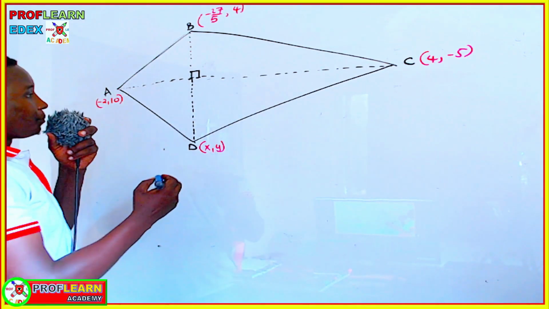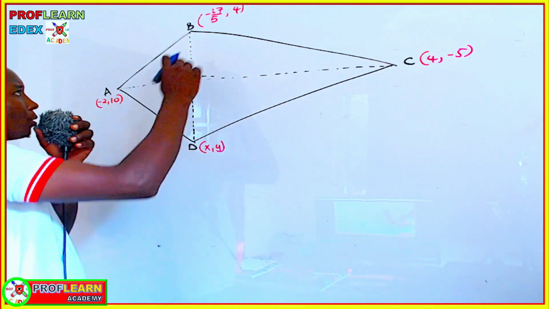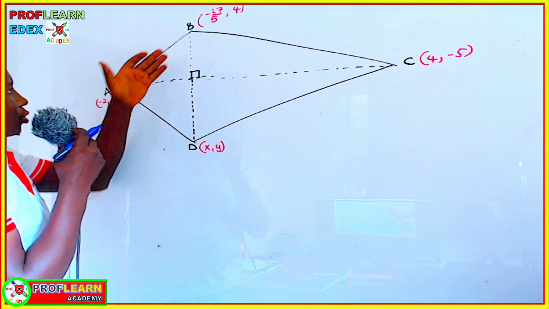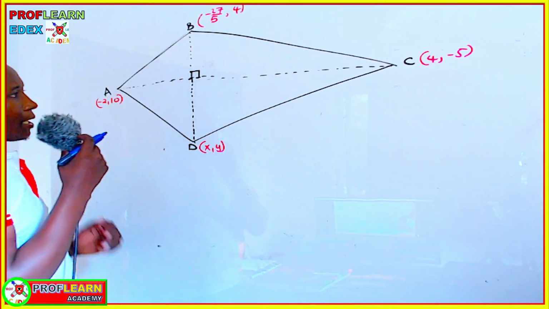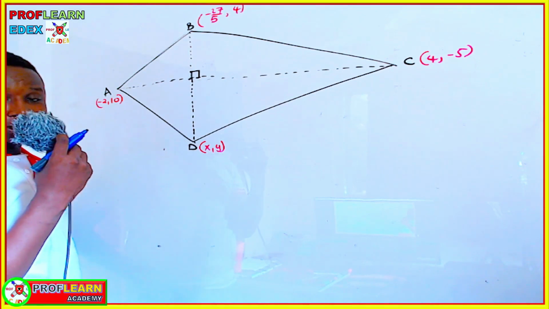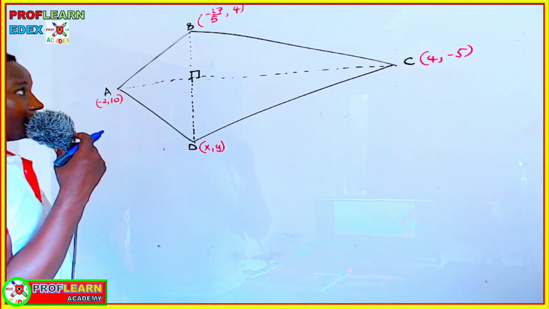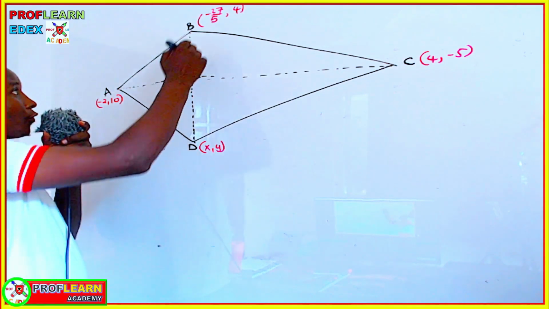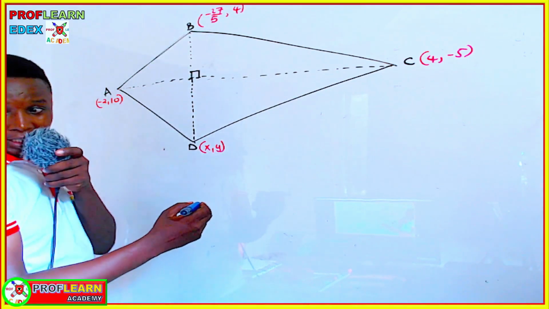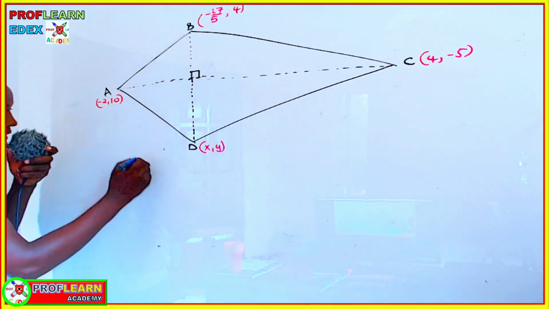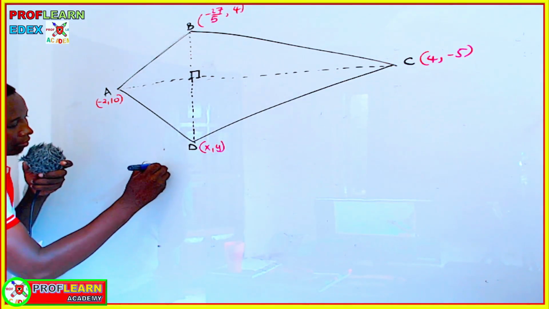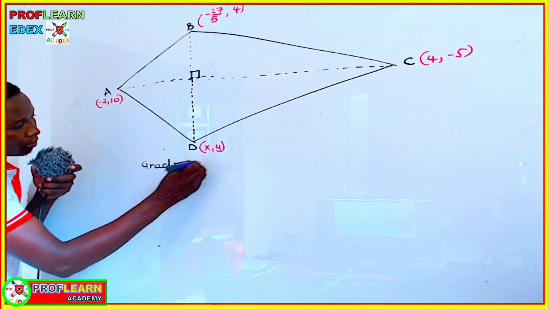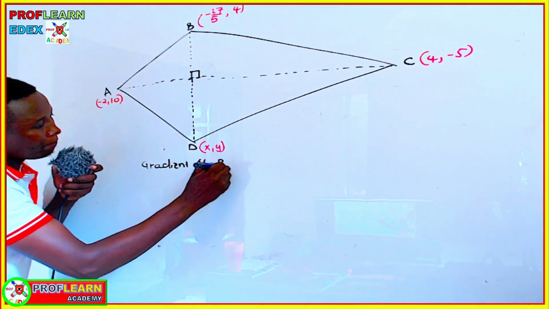So we can relate the gradients of perpendicular lines. That is the strategy I'm going to use. Let me start here with the gradient of BD.